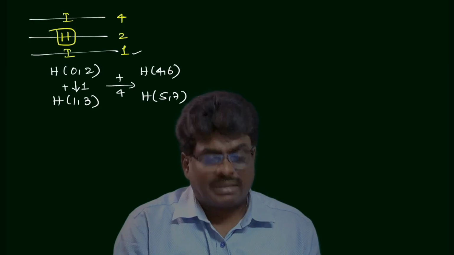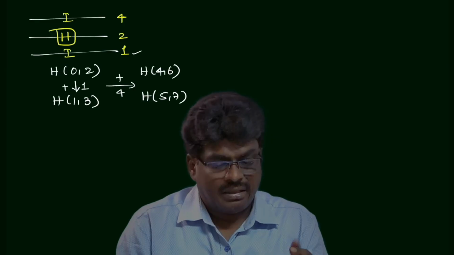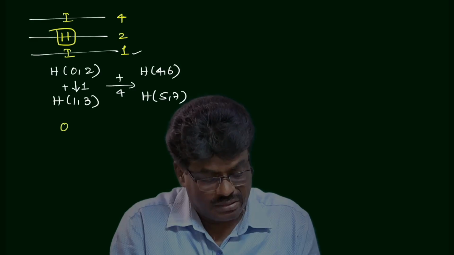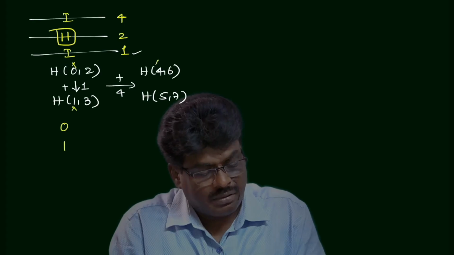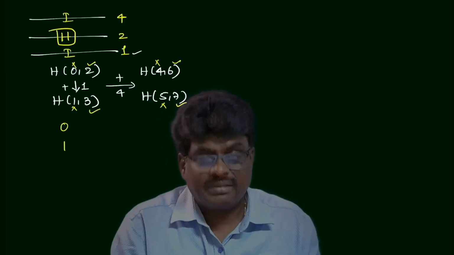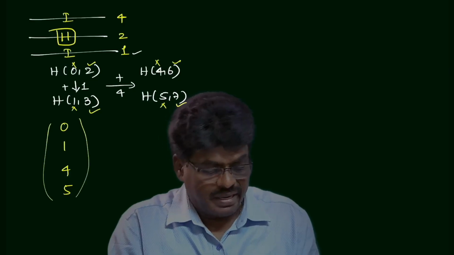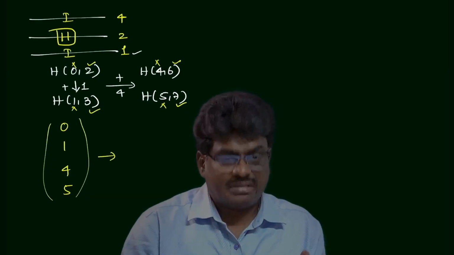Then how to write? I told you already, whenever a Hadamard operation is there, please take the first elements in the bracket, that is 0 1, and here 4 and 5, which are in off state, and the second one is in on state. I'm taking 0 1 or 4 5 at a time, no issue, because the second one is very easy to write.